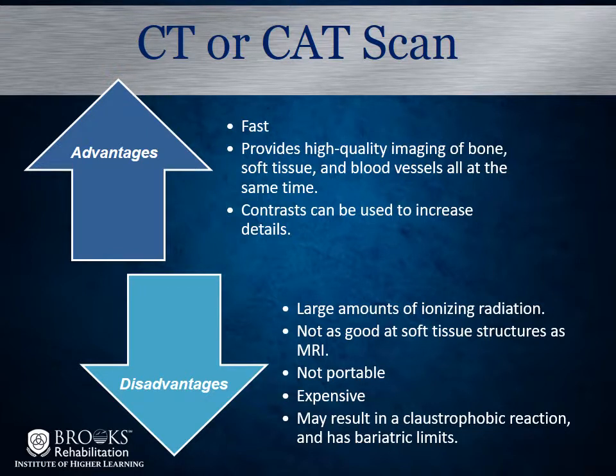It's not as good at soft tissue assessment as MR. It's not portable, and it's very expensive to have the test done. And again, not to the limit of MR, but there is the issue of claustrophobic patients having challenges undergoing this test.